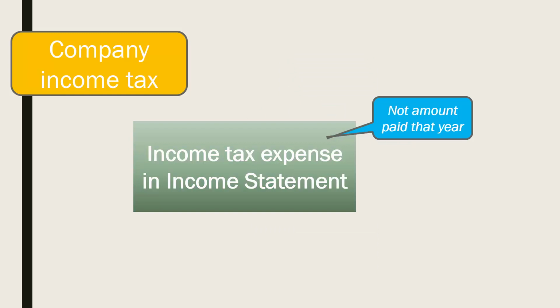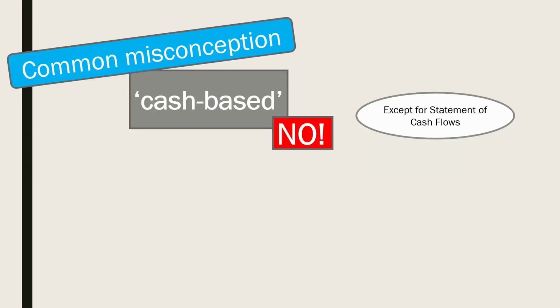The income tax expense in our firm's income statement is not the amount of company income tax our firm has actually paid that year to the government. It is a commonly held misconception about accounting that accounting is cash-based, that it shows transactions based on movements of cash between a firm and other parties.